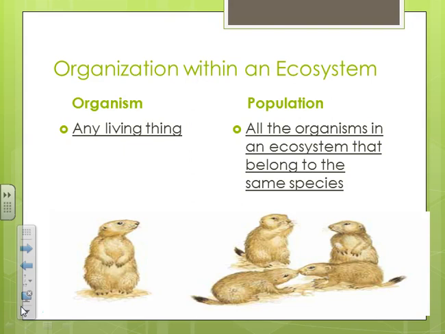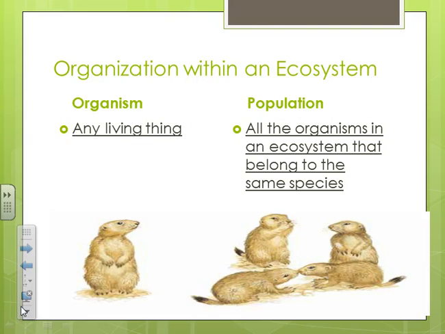Okay, let's start with an organism. You've got one little hedgehog. So an organism is any living thing, any one living thing, okay? We are all organisms, right? Independently, separately. Now let's look at the next subgroup. All the organisms in an ecosystem that belong to the same species would be a population.